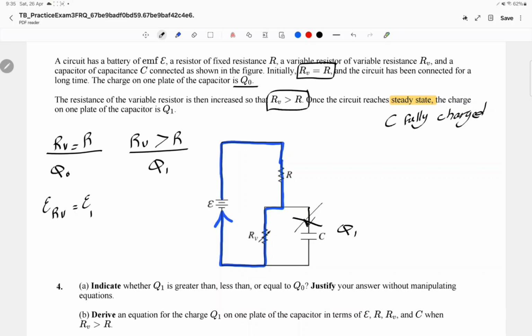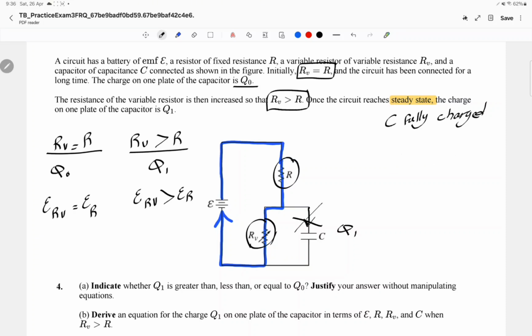But when RV is bigger, it will receive more voltage. Because ultimately, voltage is equal to I times R, and both R's are in series with each other, so they both get the same current. So whichever has more R gets more voltage.